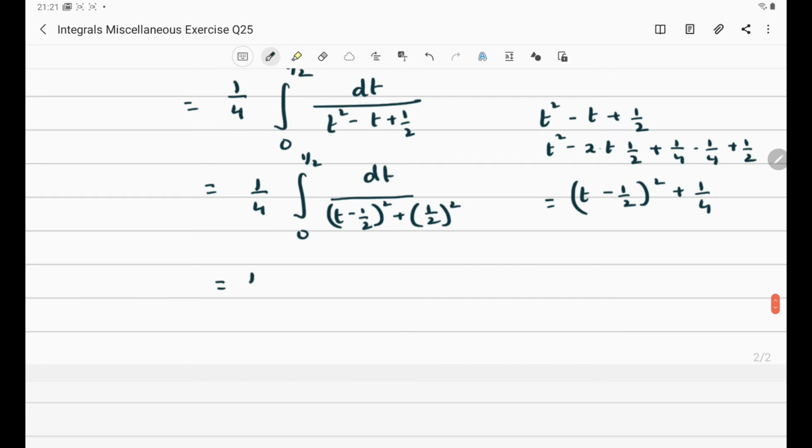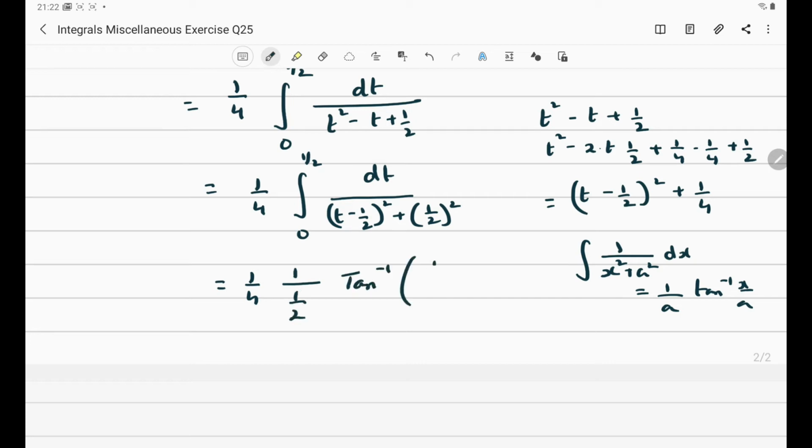So, this is 1 by 4 into, now this takes the form integral of 1 by x square plus a square dx, which is 1 by a tan inverse x by a. So, let us write this 1 by a, this is 1 by half tan inverse of t minus half by half.